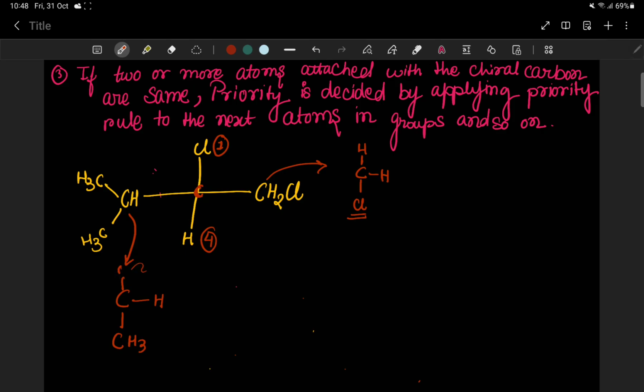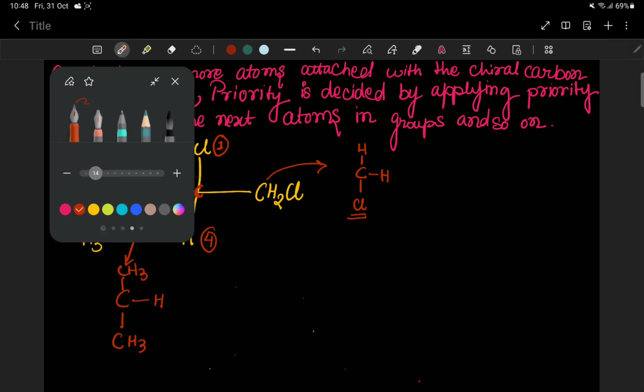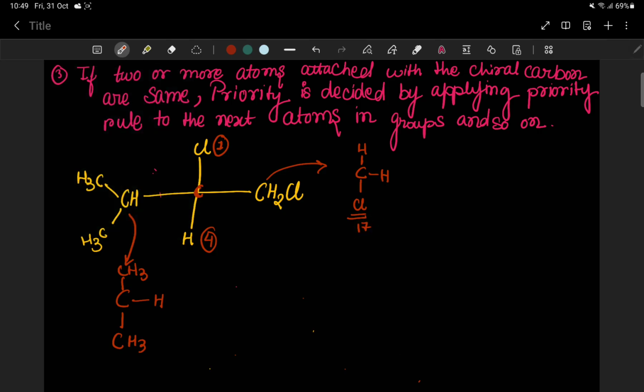Here you can find that this chlorine has an atomic number of 17, but this carbon attached with this carbon remains the same. The value is going to be the same for all of this. So we will give this more priority and it would be marked as 2 and it would be marked as 3. I hope I have made it clear to you how I am marking.